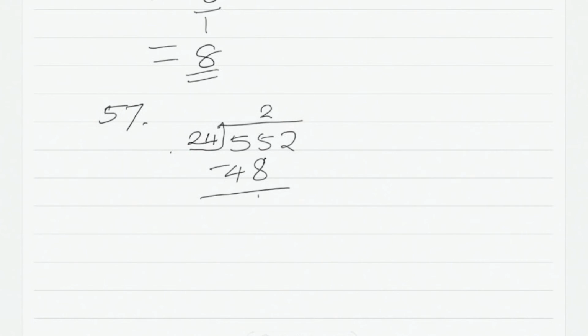So here we are going to get 5% of 720. So that is going to be 5 over 100 times 720 over 1.